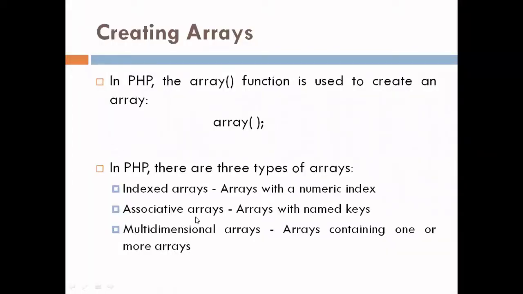The second type is the associative array, an array with a named key or named index. If we are using any key which contains some alphabets, then it is known as an associative array. And the third type is the multi-dimensional array. An array containing one or more arrays is known as a multi-dimensional array.